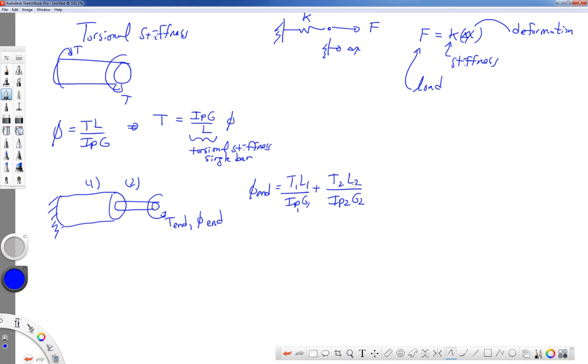And if we do a free body cut in each section, both torque 1 and torque 2 are equal to the torque at the end, again, with a single load applied to it.